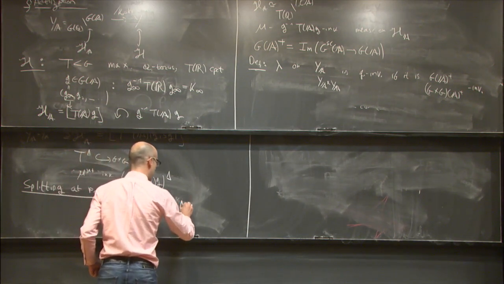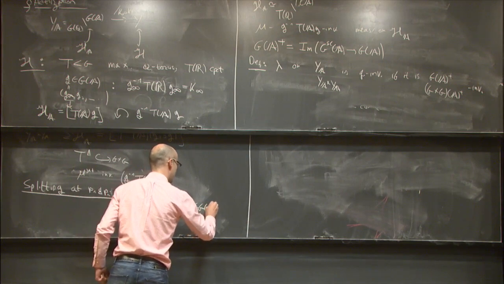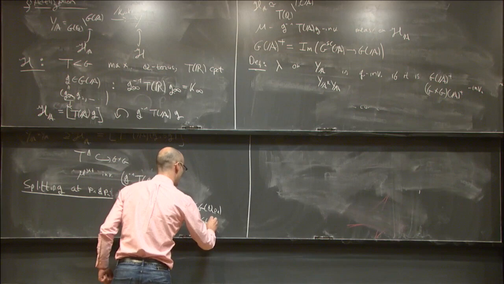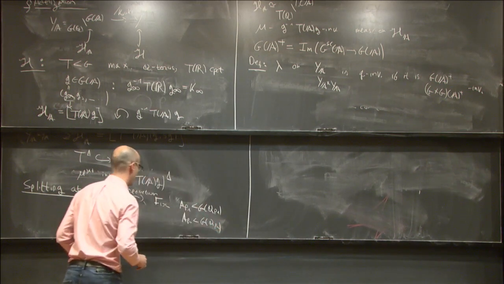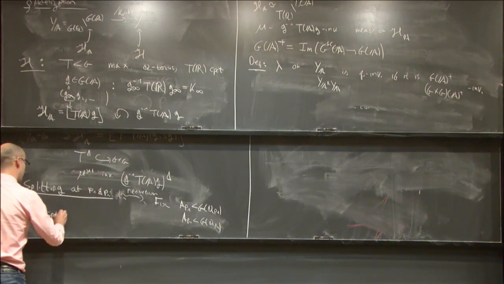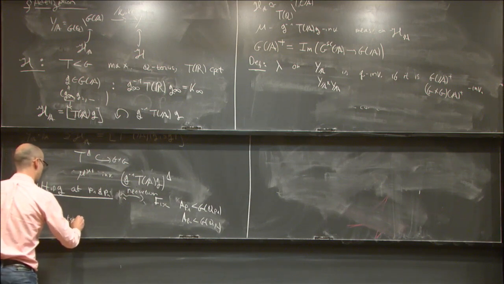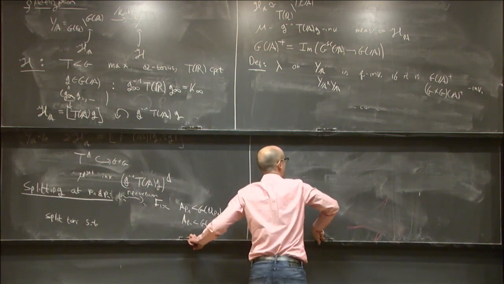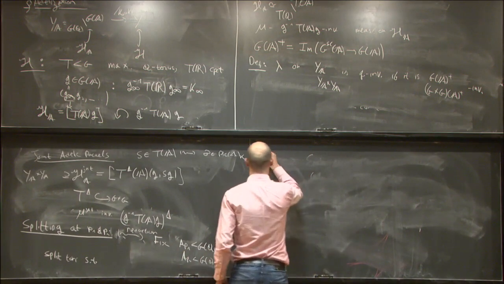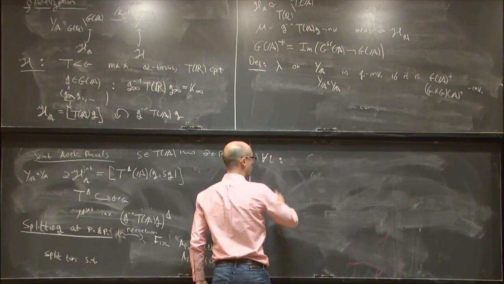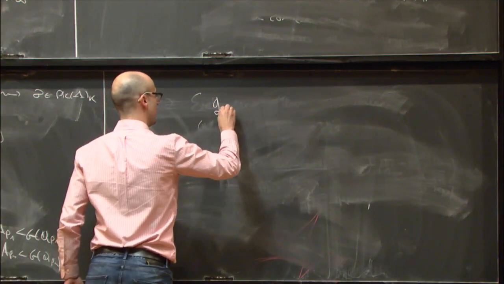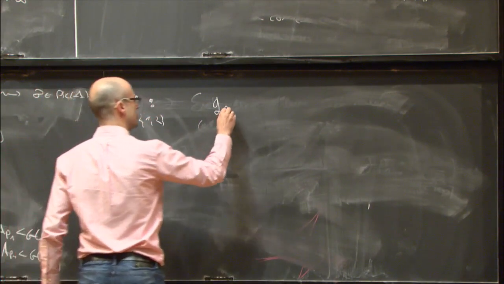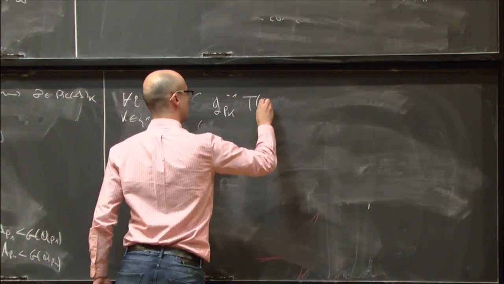You can fix A_P1 in G(Q_P1) and A_P2 in G(Q_P2), split tori, such that, and now the useful property appears. For each i, we'll have an equality of groups, and for each k in 1, 2, G_Pk inverse T of Q_Pk.